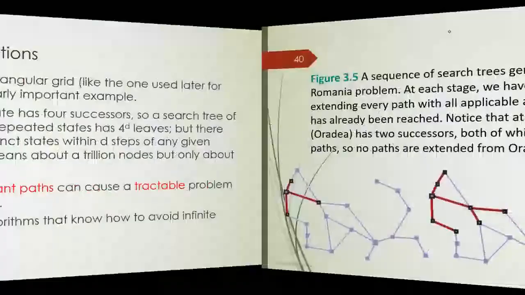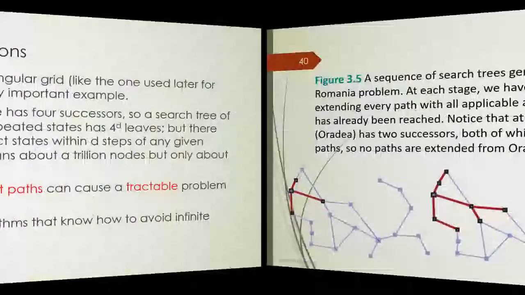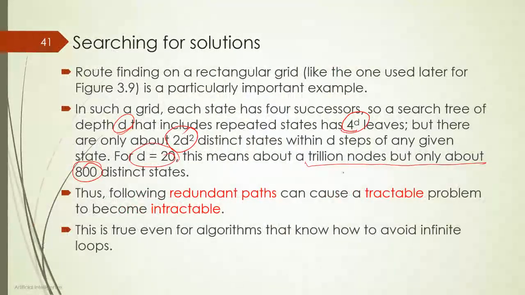You have 4 choices at each step, and if you go depth of D, meaning D levels of choosing and branching, you will get 4 to the power of D leaves.